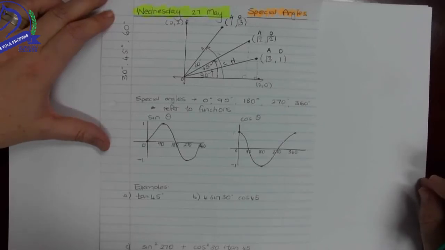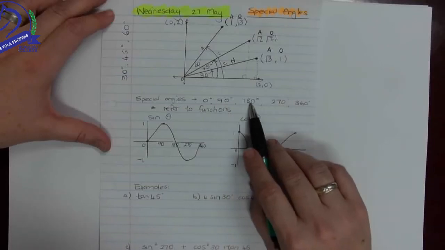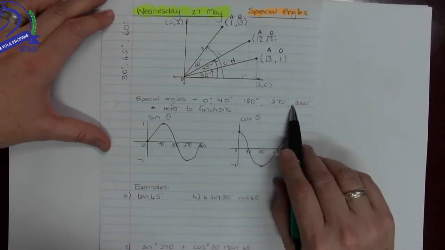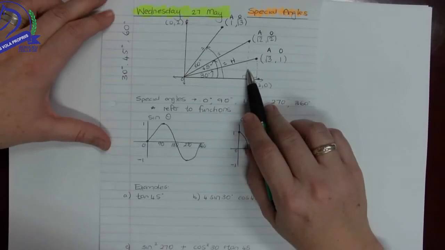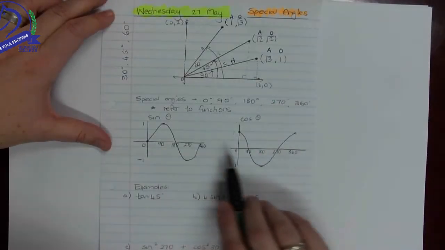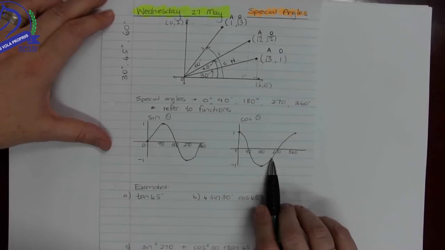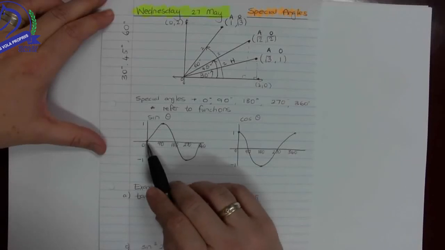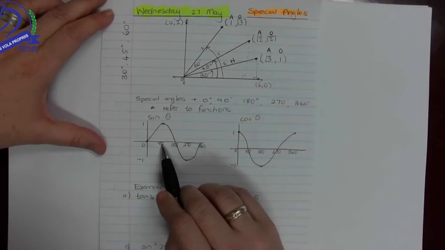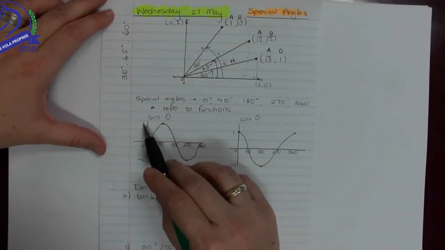Grade 11, they love to throw in surprises like 0, 90, 180, 270, 360. But they're not in here. This is not what you were taught, but you were taught the functions of trig graphs. So if I say to you sine of 0, it is 0. Sine of 90 is equal to 1.